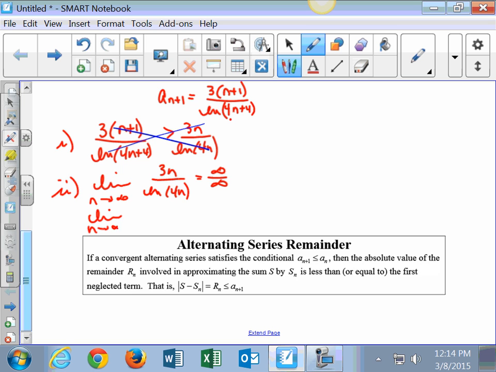So I have the limit as n goes to infinity of 3 over 1 over 4n times 4, which just gives me 3n. Well, if I plug in infinity for n, I just get infinity. Well, remember that that was supposed to go to 0. So therefore, in this example, we know that the series will diverge by, basically, the nth term test.